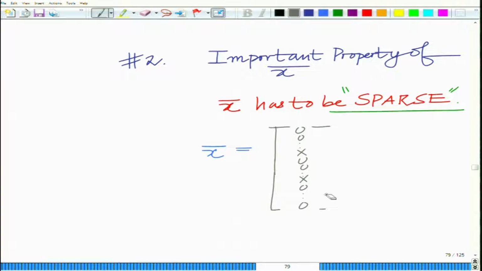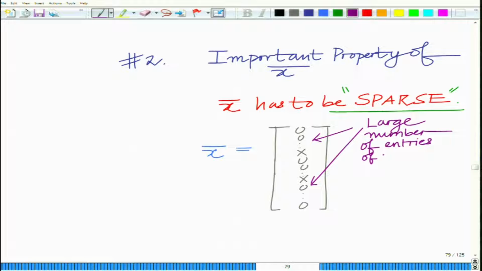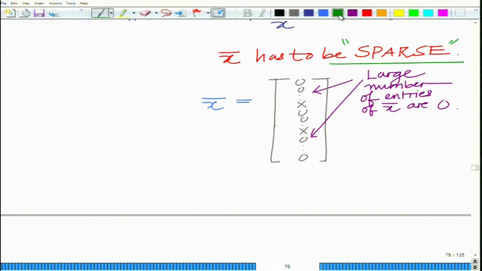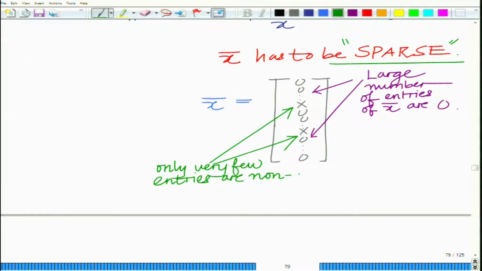So, basically what this implies is that a large number of entries of x bar are 0, and only very few entries, which I am marking by these x's, for instance, are non-zero.